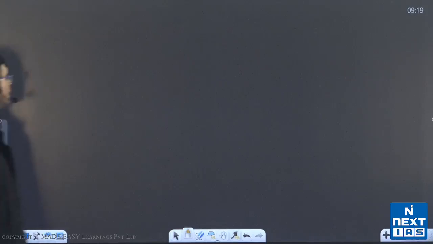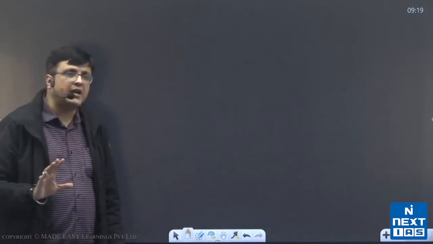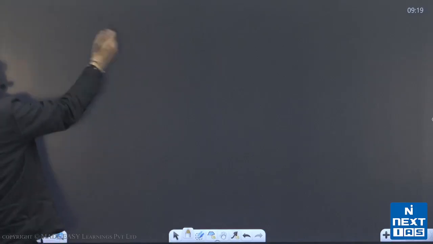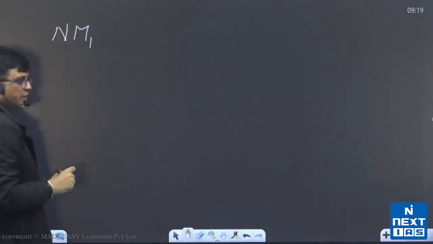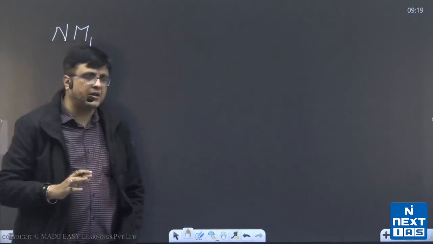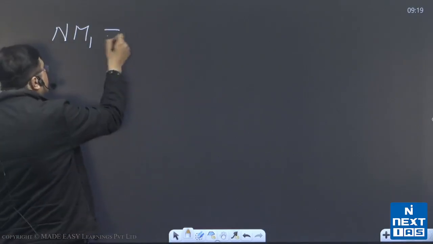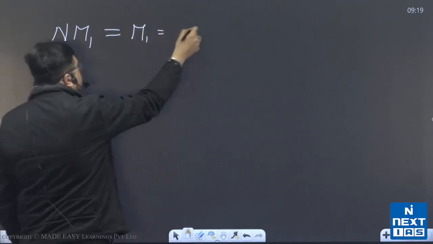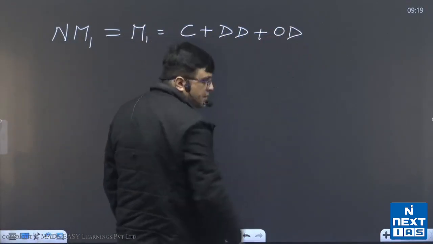Okay. Now, if you look at the new monetary aggregate, all right, the first one that we begin with is NM1. NM1 is same as M1. That is currency plus demand deposit plus other deposit.